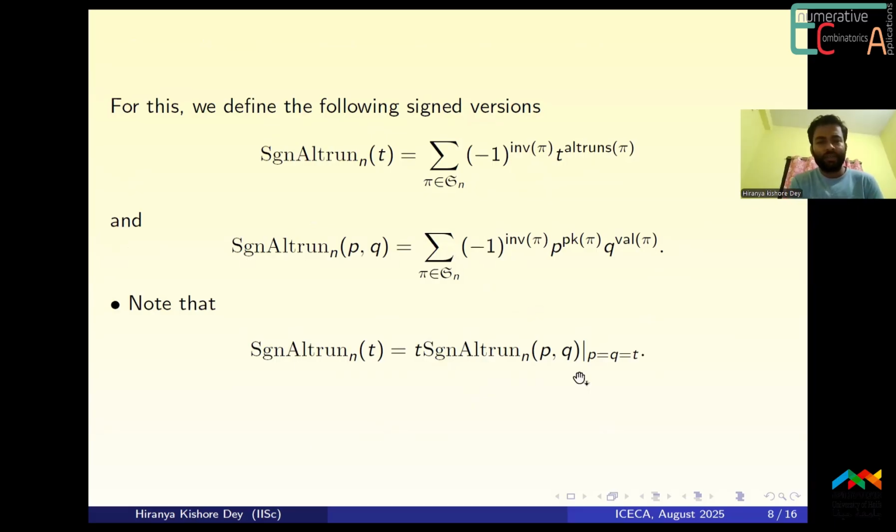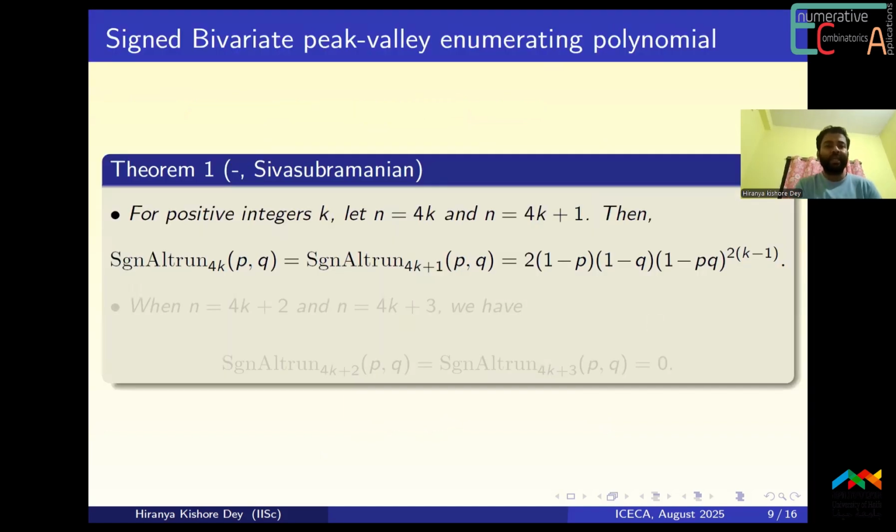How is this actually working out? What is the number of alternating runs? The number of alternating runs is the same as the number of peaks plus the number of valleys plus 1. So this t is coming from that extra one. So we are interested in the signed enumeration of the bivariate peak-valley polynomial.